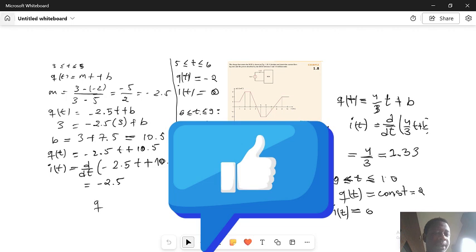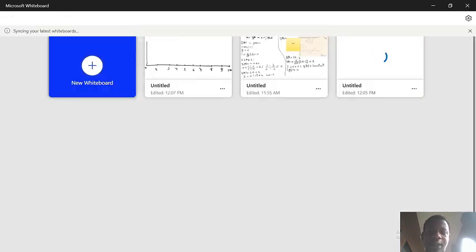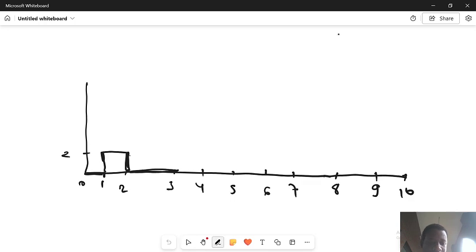So that means if I come back to my graph, it's going to be minus 2.5 from 3 to 5. Now it's going to be 0 from 5 to 6.